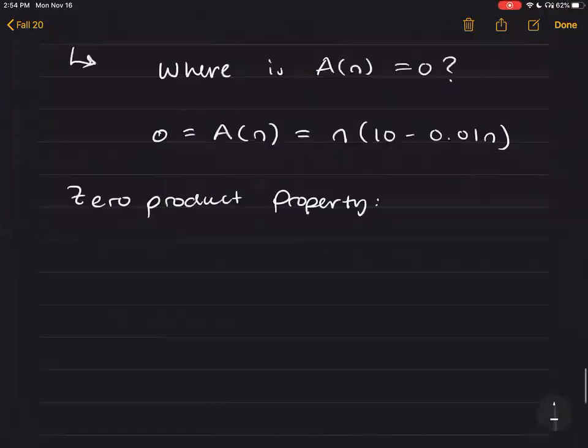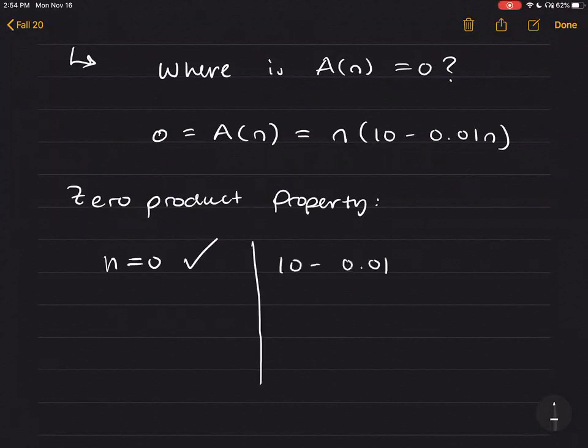So A of n is 0 when n is 0, which makes sense. That's when you haven't planted any vines, so you're going to get 0 grapes. And the other one is 10 minus 0.01 n equals 0. And then if we subtract 10 from both sides, we get this.